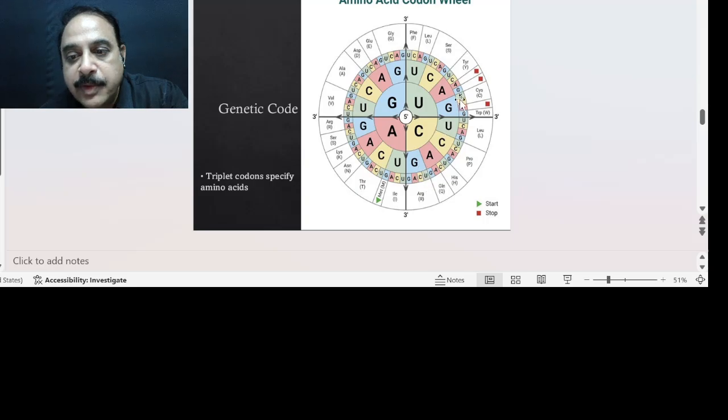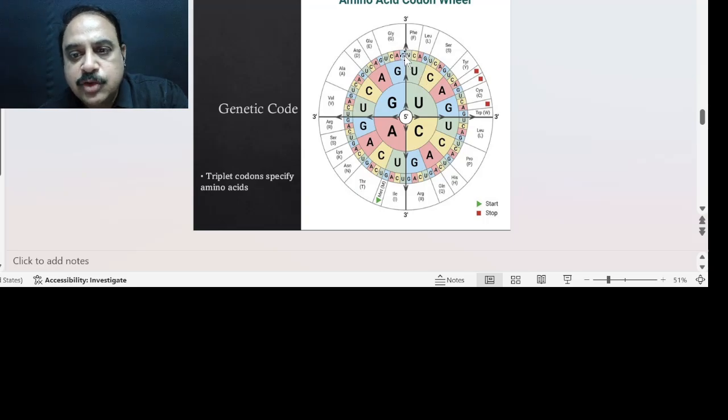If you look very finely, in the first quadrant I have uracil, cytosine, adenine, guanine. Four of them are coded with U, and those correspond to leucine and phenylalanine among the amino acids.